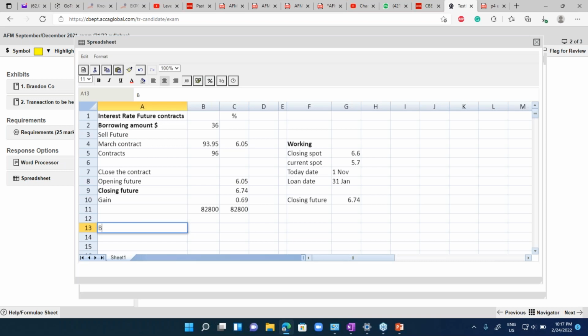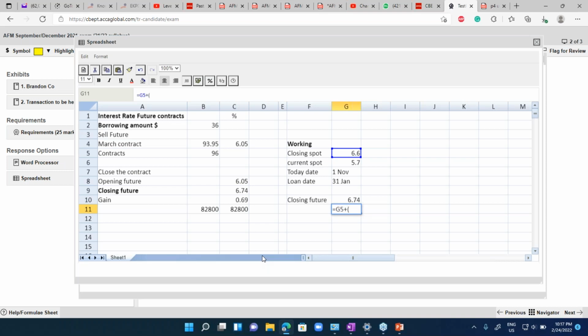Last is the closing future formula. It will be the same. Let's do it together. What are you going to select? Closing spot, that is 6.6, right? Plus, put the plus formula.